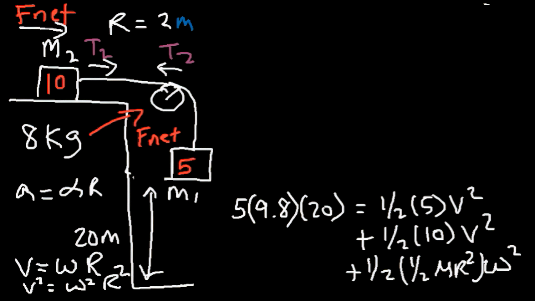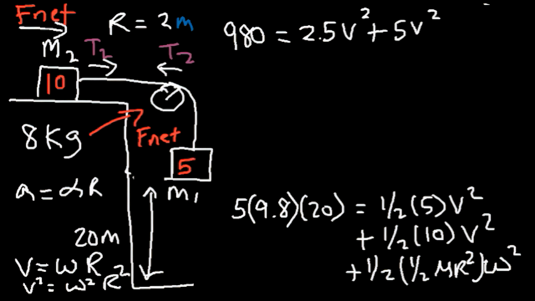So v squared is omega squared times r squared. Five times 20 is 100, and 100 times 9.8 is equal to 980. Half of 5 is 2.5, and half of 10 is 5. 1/2 times 1/2 is 1/4, and the mass of the pulley is 8.